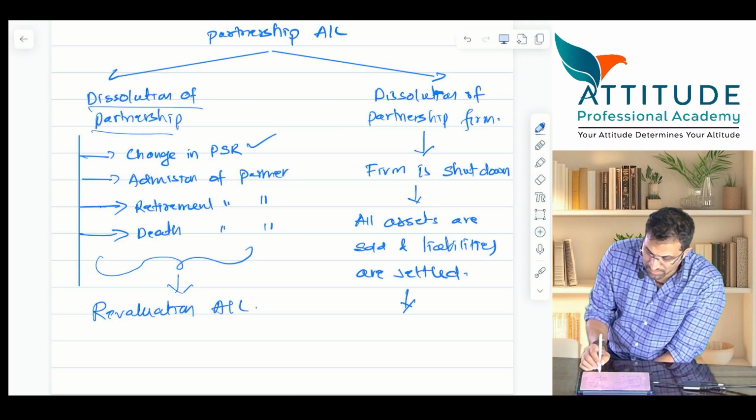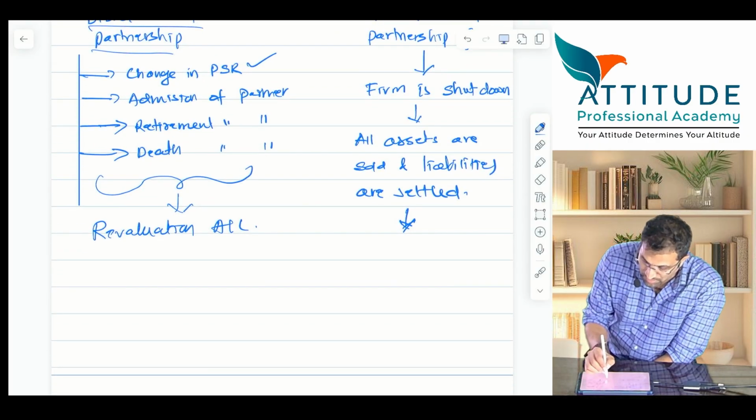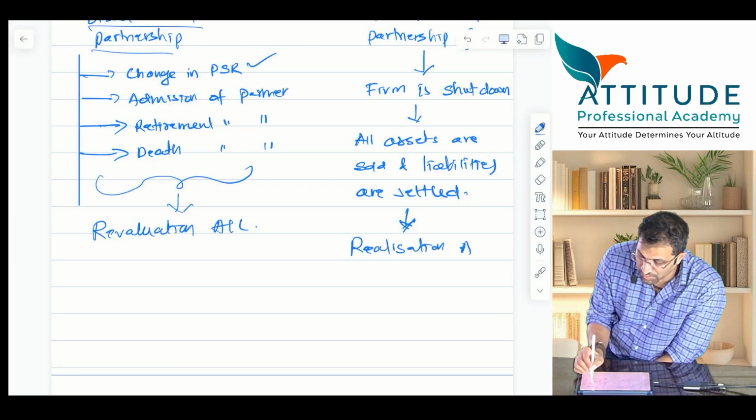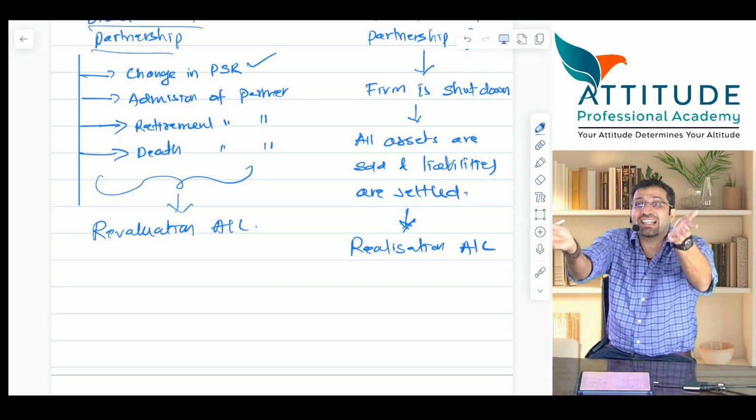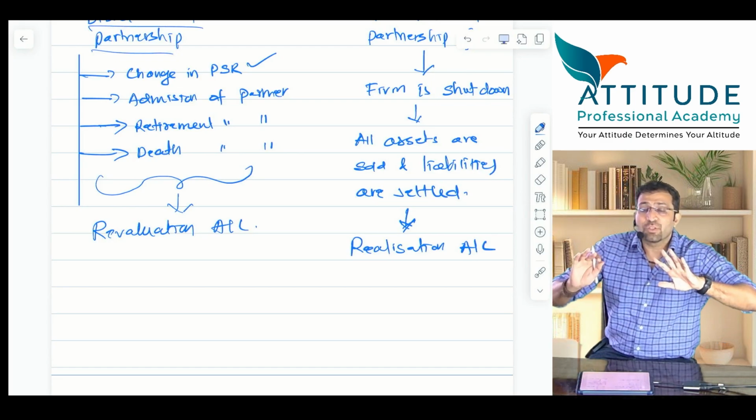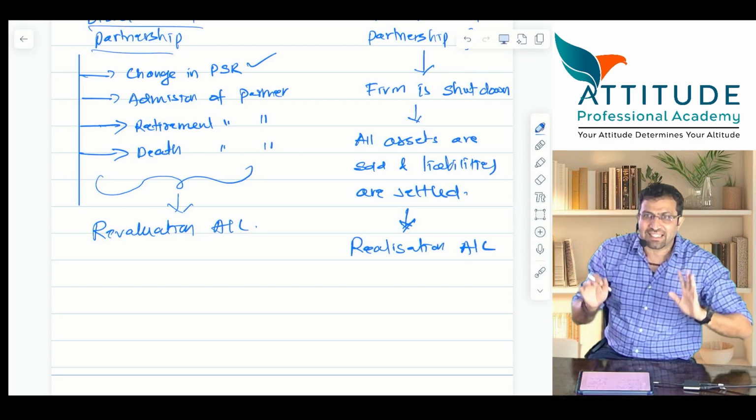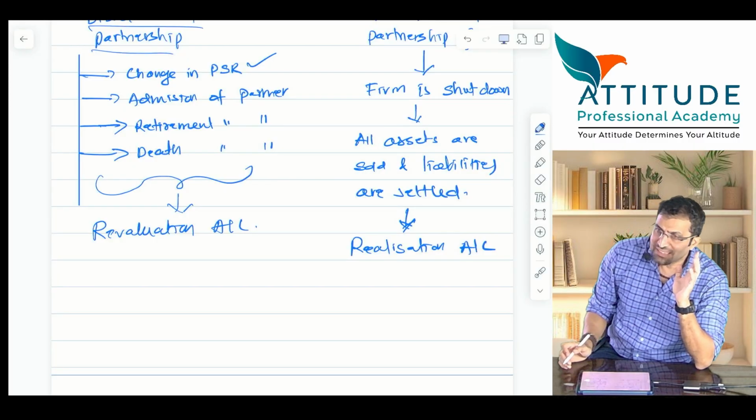Which account you open? Revaluation account or realization account? Realization account. Because you sell the assets and realize the money. That's realization account. Is that clear?